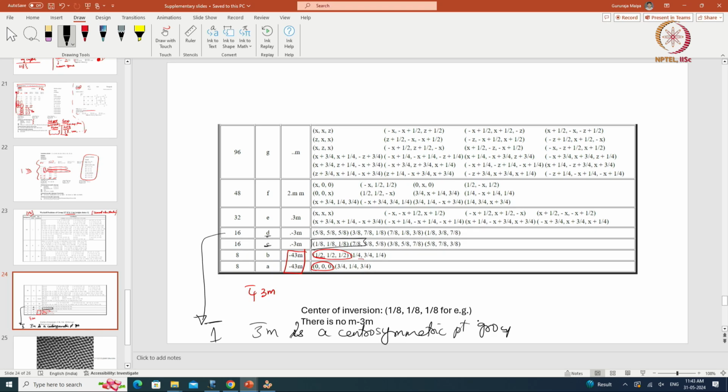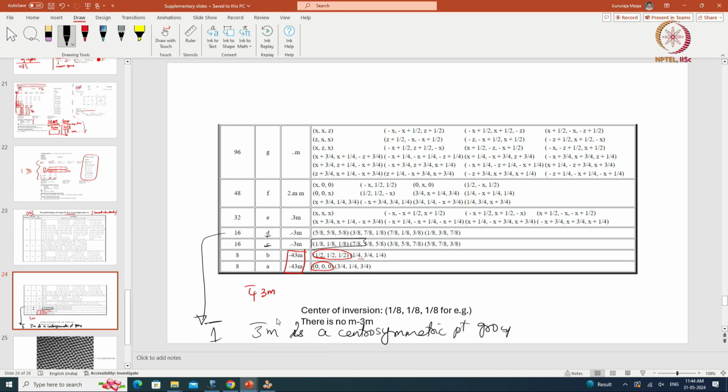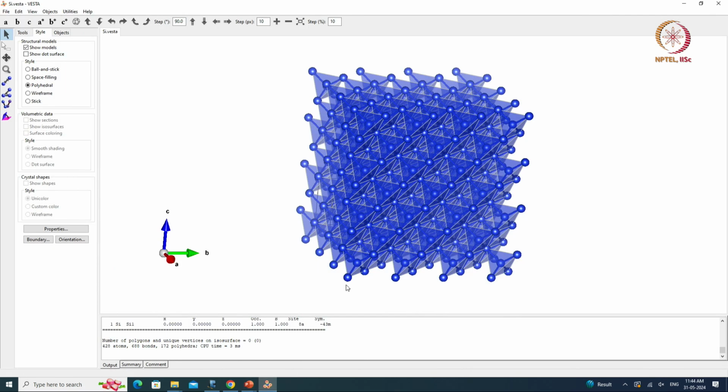That this point group exists about D and C means that these positions also have centrosymmetry about them. So what is the position of centrosymmetry in silicon? It is between the 2 bonds, the halfway point between the 2 bonds. For example, between these 2 bonds, that position is the position of centrosymmetry.